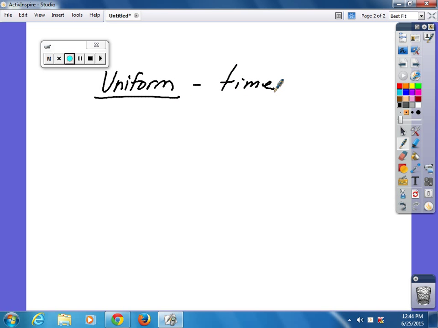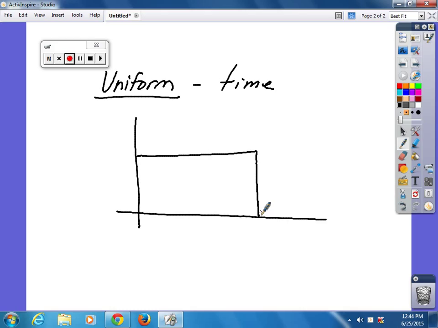Okay? Uniform is written like this and is shown like that. Let's say that I usually end my class between, I don't know what time class is, I'm going to say it ends at 2:30. But let's say I end it between 2:15 and 2:30.